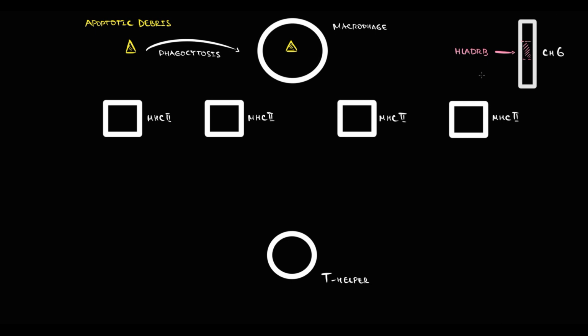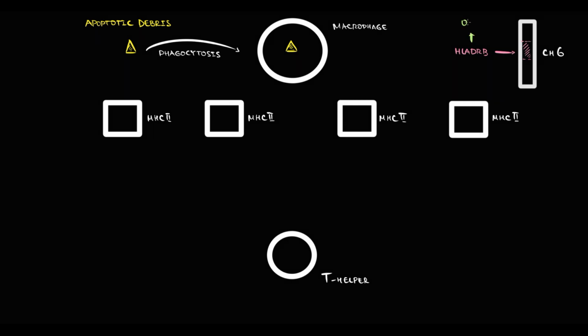So in case of autoimmune hepatitis, we all have genes that encode MHC2 receptor. We call this gene HLA-DRB gene. But this gene can be different, and different variations of HLA-DRB gene we call HLA-DRB alleles.